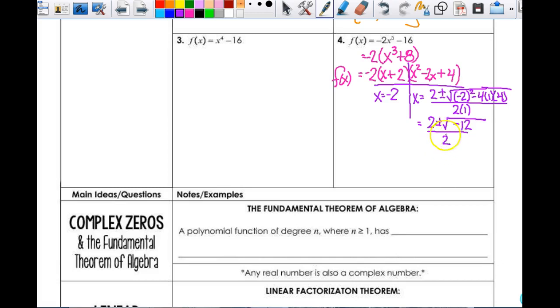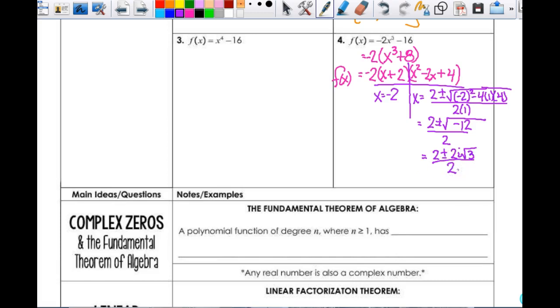At this point, can I reduce this 2 with anything? Not yet, but I might be able to. So I know that that negative is going to come out as an I, and when I simplify the square root of 12, what does that become? 2I square root of 3. Yeah. 2 squared of 3 is 12, though. Yeah. Don't forget your I, all over 2. Now can I simplify it?